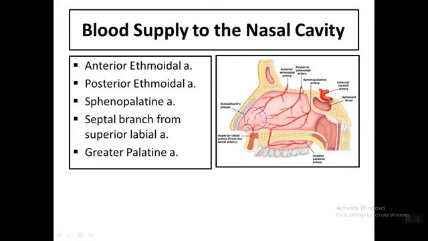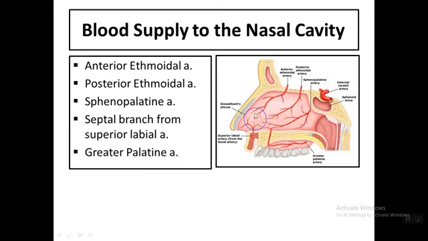The sphenopalatine artery is a branch of the maxillary artery. The septal branch of the superior labial artery is a branch from the facial artery. And we have the greater palatine artery, which is a branch of the maxillary artery.